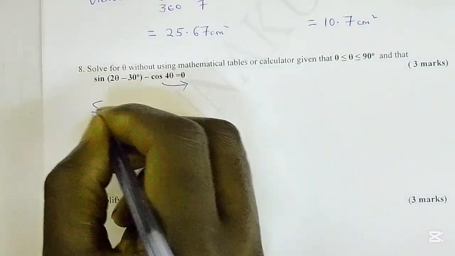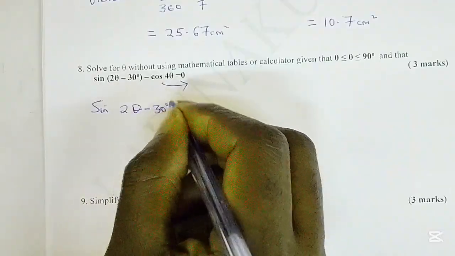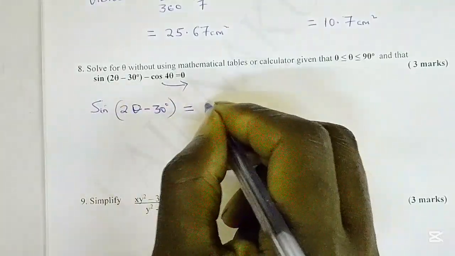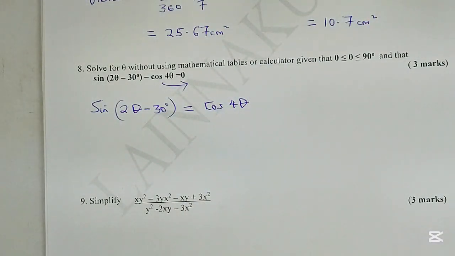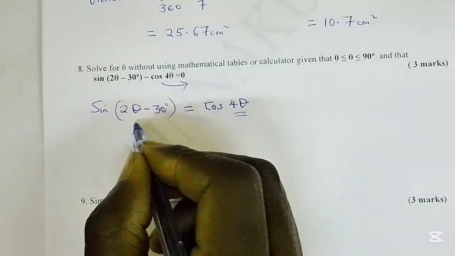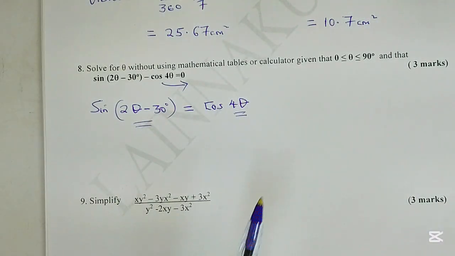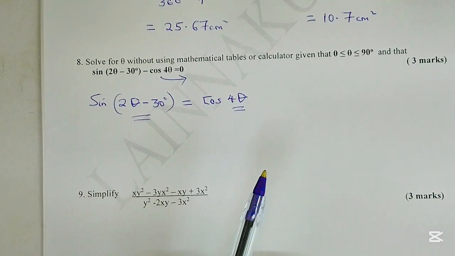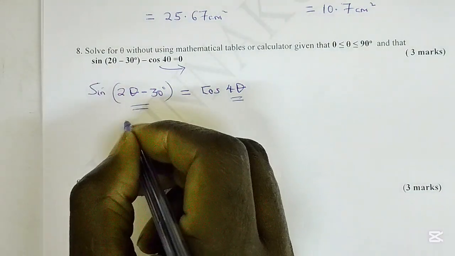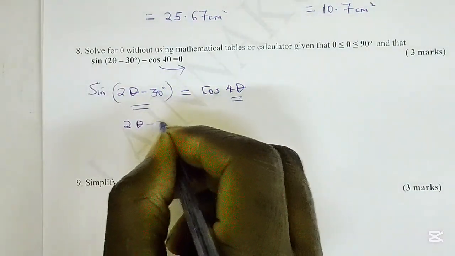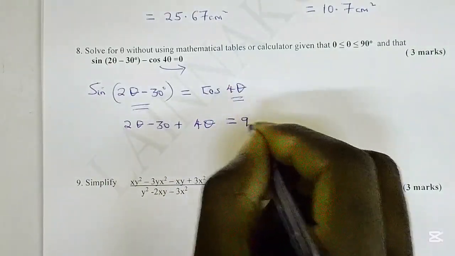So you're going to have the sine of 2 theta minus 30 degrees is equal to the cosine of 4 theta. Now, we need to know that the sine and cos are only equal if these two angles are complementary. That means they add up to 90 degrees. So if I take 2 theta minus 30, I add to 4 theta, I should get 90 degrees.